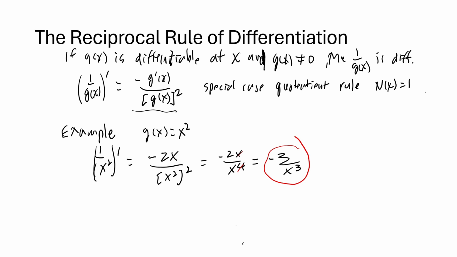Now let's do another example. Let's let g of x this time be equal to x cubed. So using our reciprocal rule here, we take the derivative of x cubed, and that's just going to be 3x squared.